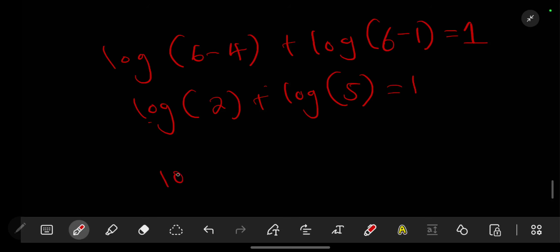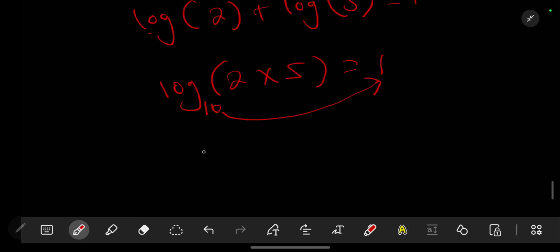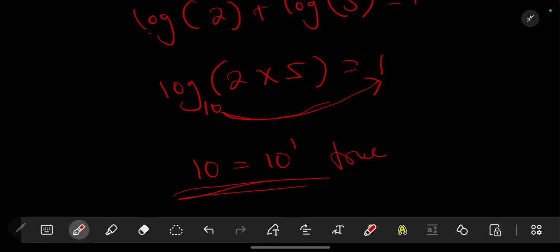Pick one log, multiply, so we have 2 times 5 should be equal to 1. So I'm just showing you how to prove this. 10 goes there. We are going to have our 2 times 5 is 10. So we have our 10 is equal to 10 to the power 1, which is true. So that is how you can just prove if you want to verify. Let's move on to our next question.